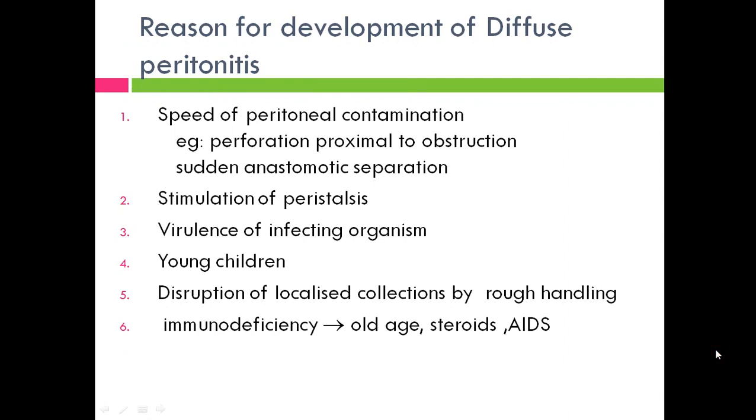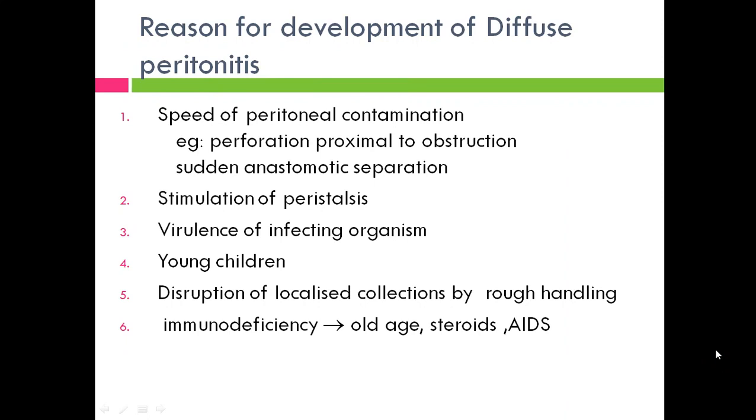What are the reasons for development of diffuse peritonitis? Diffuse peritonitis may be attributed to the speed of peritoneal contamination, for example, perforation proximal to obstruction, or a sudden anastomotic separation. This is aggravated by the stimulation of peristalsis.